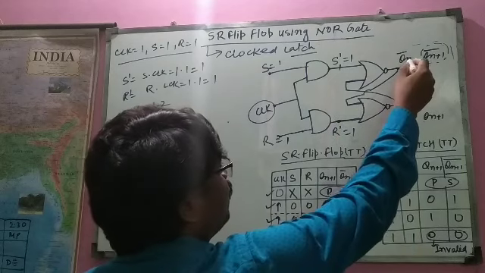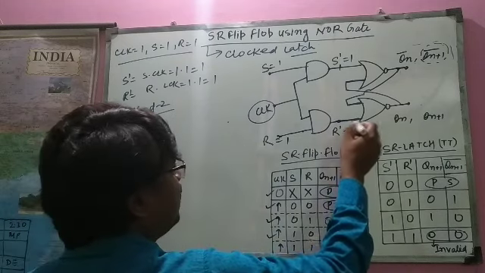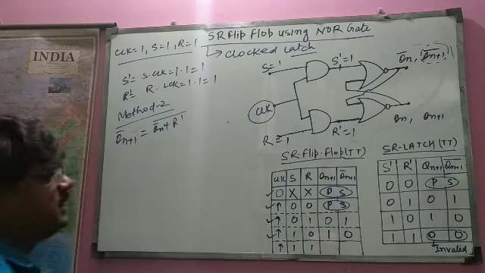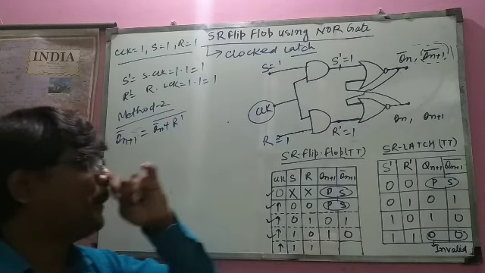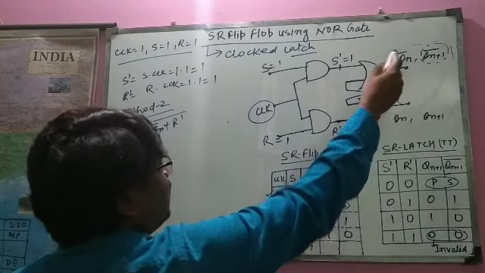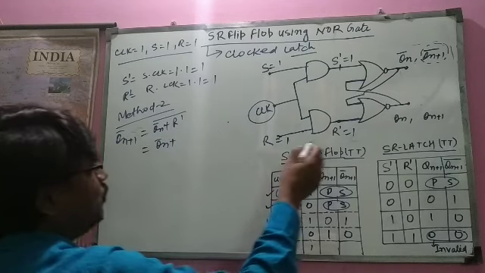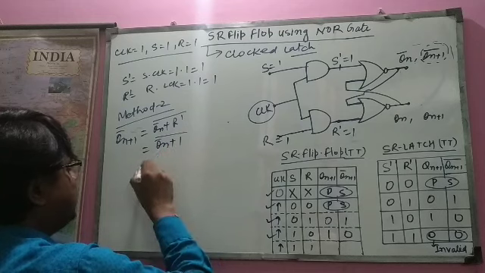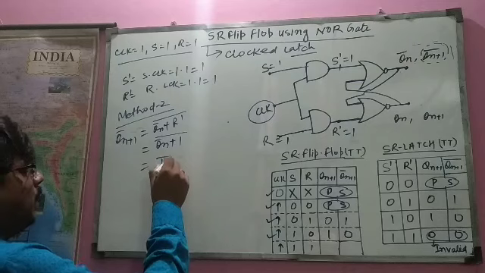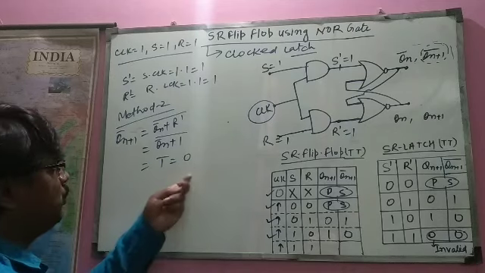Here it is coming Qn bar, and from here it is coming R dash, because it is a NOR gate. What is the value of Qn bar? We do not know what it may be, so it will remain Qn bar. What is the value of R dash? It is 1. So 1 plus something means 1, and 1 bar means 0. So this Qn plus 1 bar is 0.